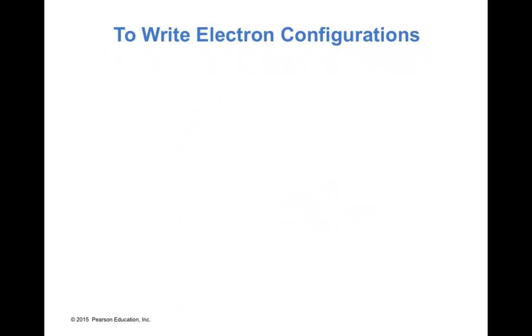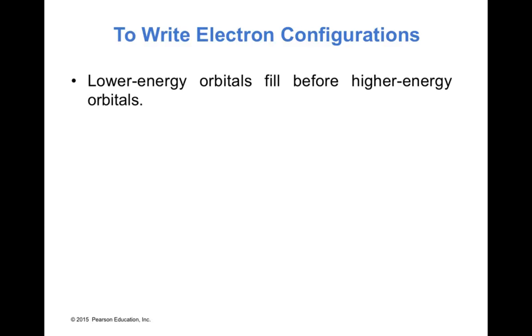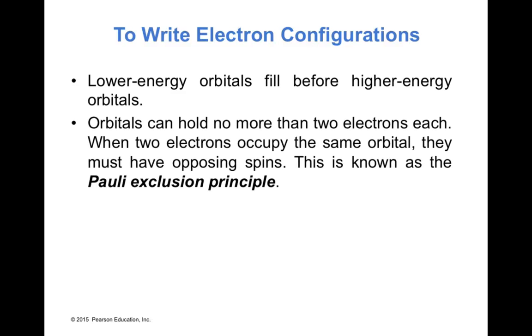So to write an electronic configuration, first we need to fill the lower energy orbitals before the higher energy orbitals. The orbitals can hold no more than 2 electrons each. When 2 electrons occupy the same orbital, remember, they must have opposite spins. This is known as the Pauli exclusion principle.